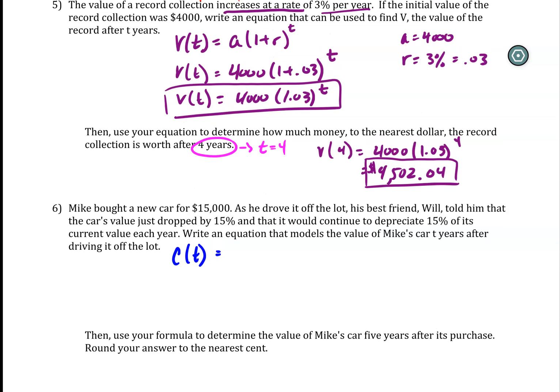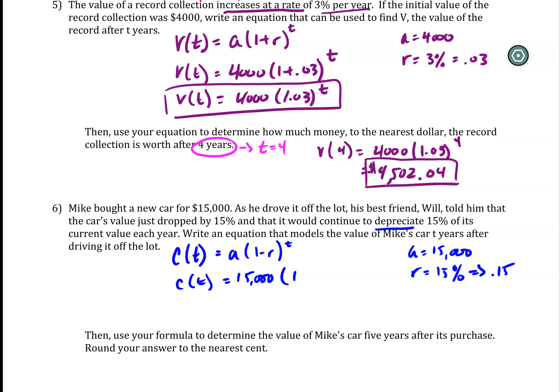Well, in this case, we have a decrease, right? It's depreciating. So we've got a times 1 minus r to the t. So C of t will equal, well, a was 15,000 and r is 15%, which will be 0.15. So I've got 15,000 times 1 minus 0.15 to the t.